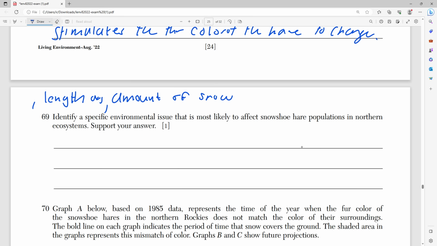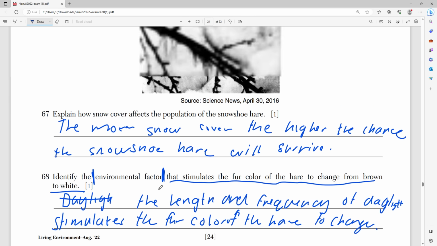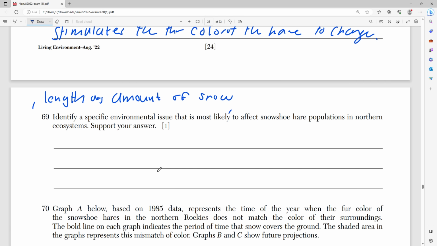Why is it the length of day? Because the longer the day, the more chance there is for the snow to melt, right? And the amount of snow, as we stated there, if there's 7 days of snow, they're 4 times more likely to survive, right? So a specific environmental issue could be global warming, right?